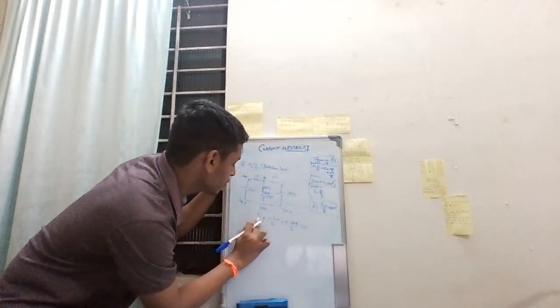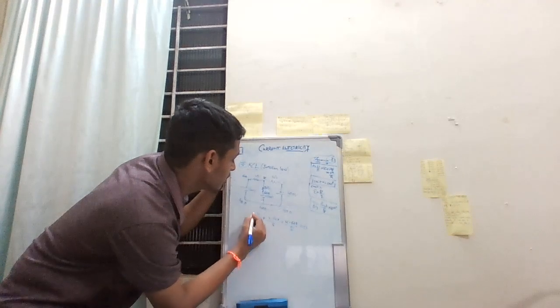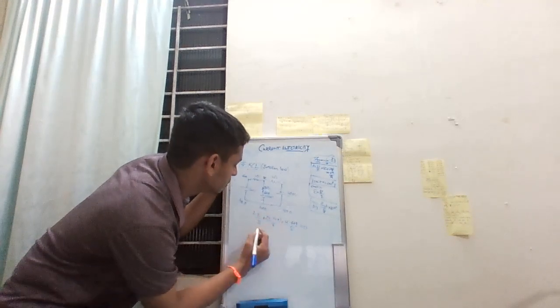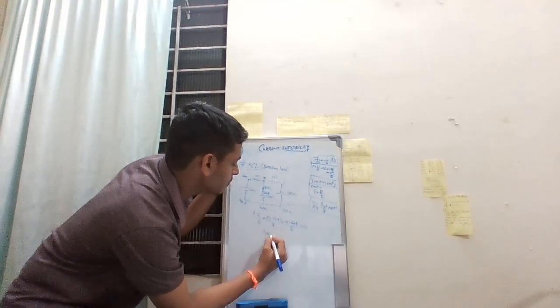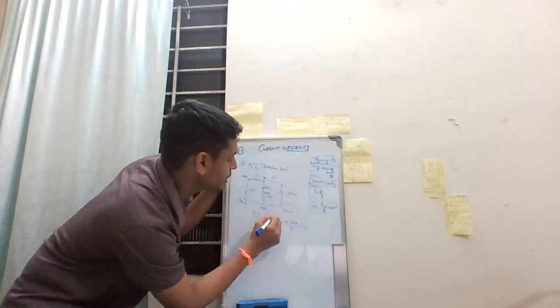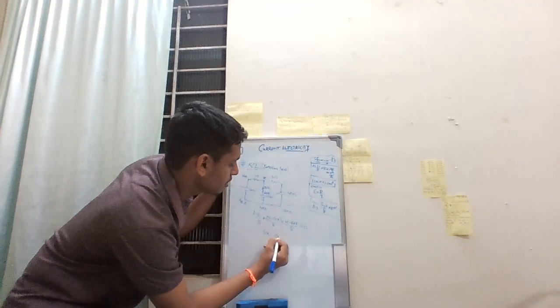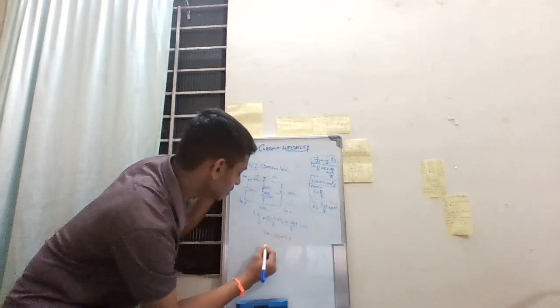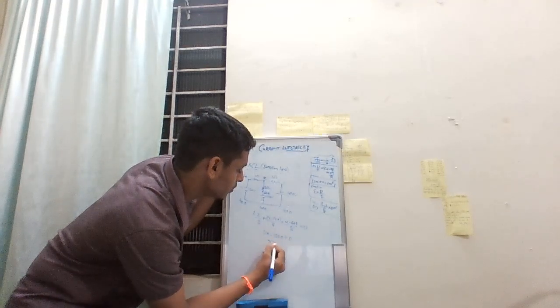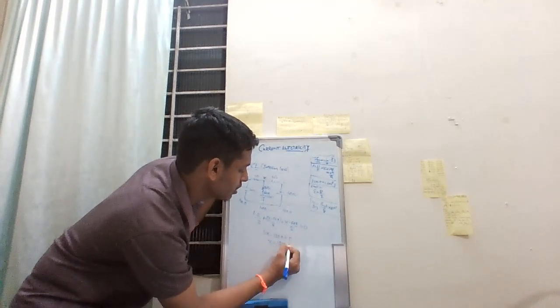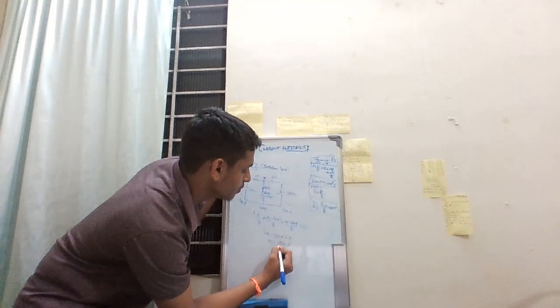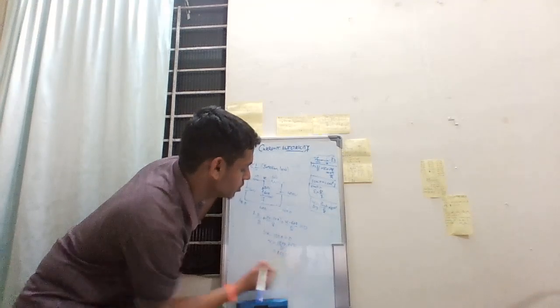So I make it 8 by multiplying by 2, 2x, 2x, 5x minus 1800 equals 0, so 5x equals 1800, and x is 360 volts.